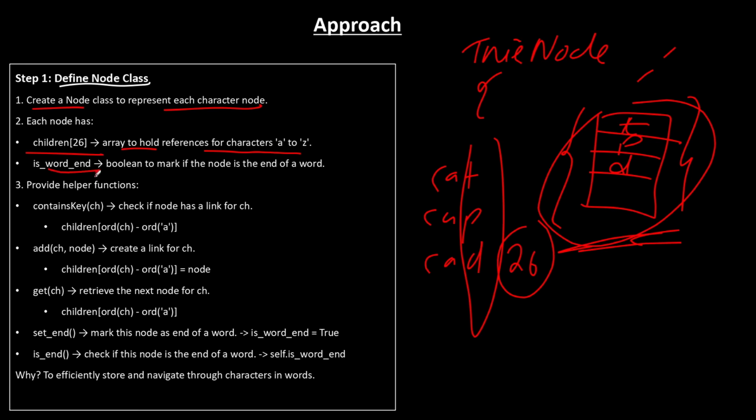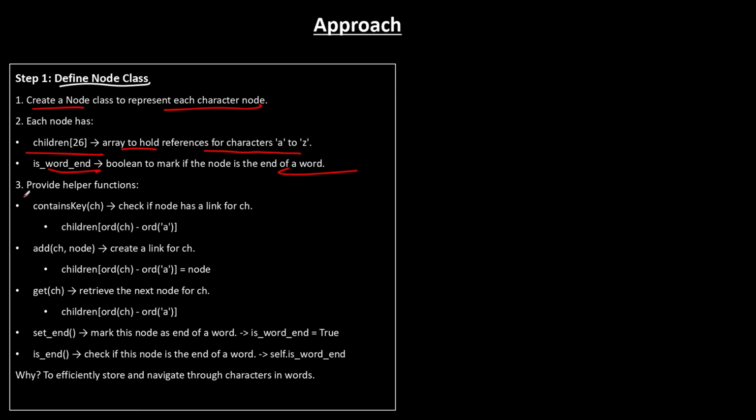Is word end, if you remember clearly, we used to check it as a check mark for finding out whether the word has been completed or not at the end. These are the two main components of a trie node which we were considering. After that, we provide helper functions within the node class. The first is contains key. This helps in checking if the node has a link for the character ch or not.